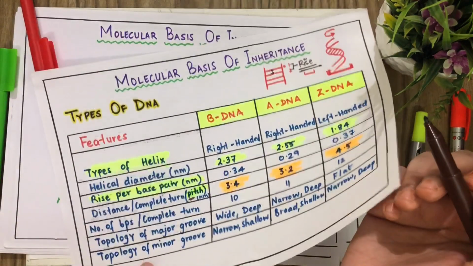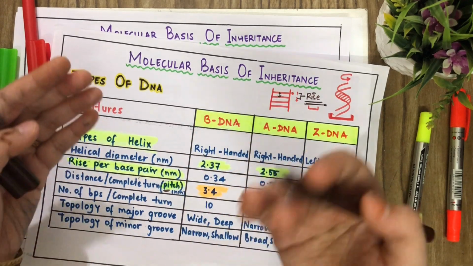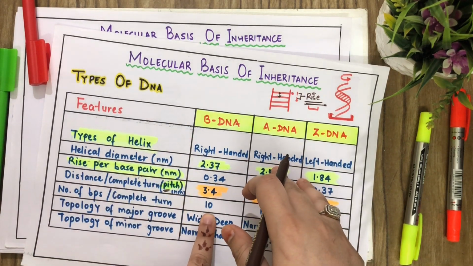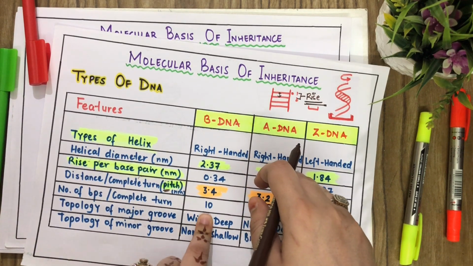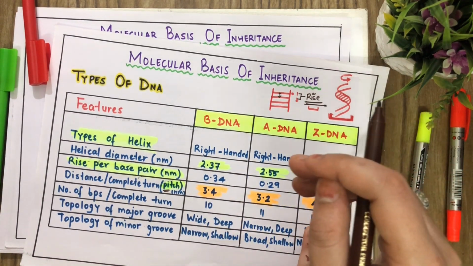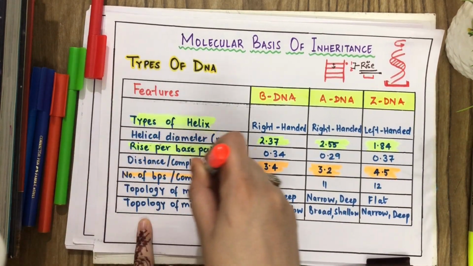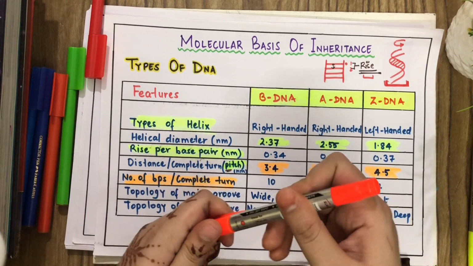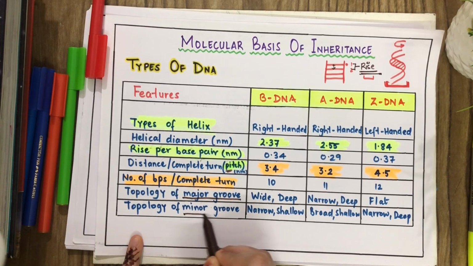So how many base pairs are present in a complete turn is the number of base pairs, and in B DNA it is 10. So B DNA will have 10 base pairs per complete turn, A will have 11 and Z will have 12. So this was number of base pairs per complete turn.